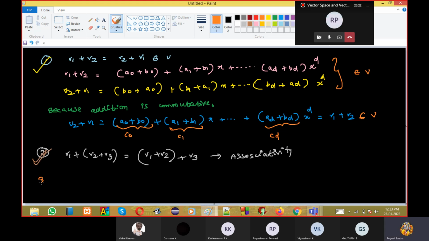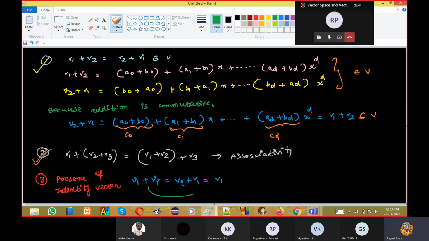What is the third condition? The third condition is that you should have an identity. The presence of an identity vector, correct? So I'll say v1 plus the identity vector vi should be equal to the identity vector plus v1, which should be equal to v1.